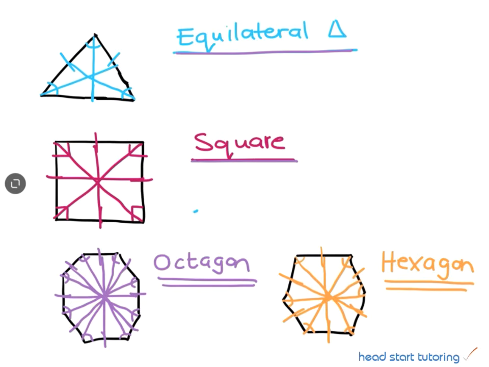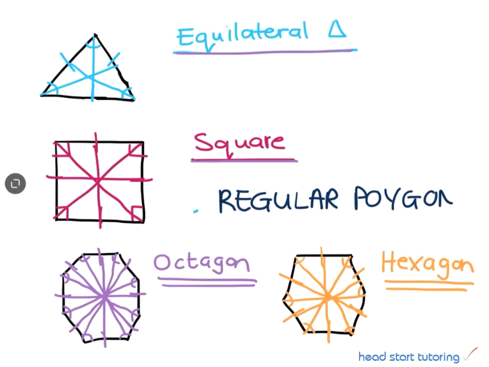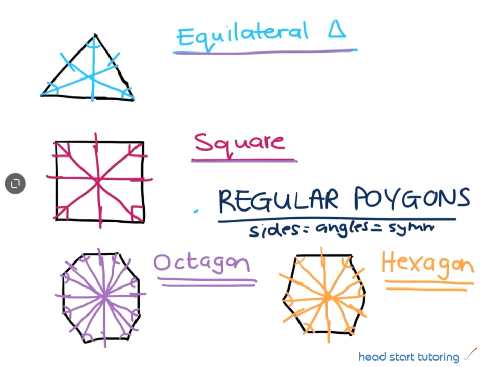So as you can see, when you're working with regular polygons, the number of equal sides and equal angles is equal to how many lines of symmetry you will have for that polygon.